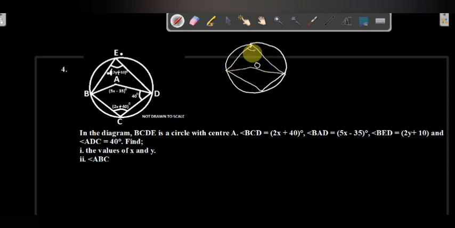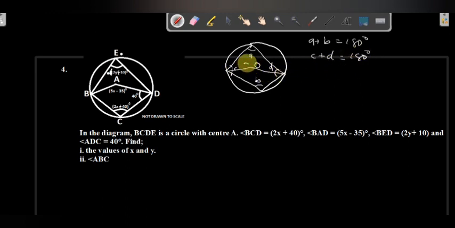If this point is A and this point is B, then A plus B is equal to 180 degrees. And if this is C and this is D, also C plus D is equal to 180, because the sum of the opposite angles of a cyclic quadrilateral is always equal to 180.